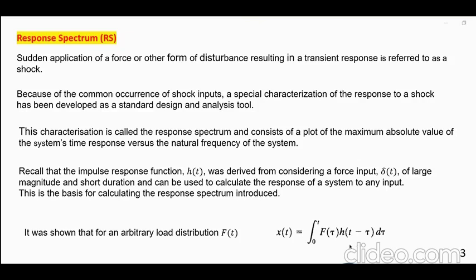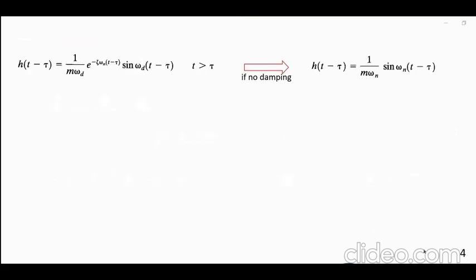And that's a fancy way of saying, do this. And incidentally, I want to remind you that this can also be done as the shift, you put it in the f, and for h you use tau. In other words, this is the same as the integral from 0 to t of f of t minus tau times h of tau d tau. It doesn't matter how we do it.